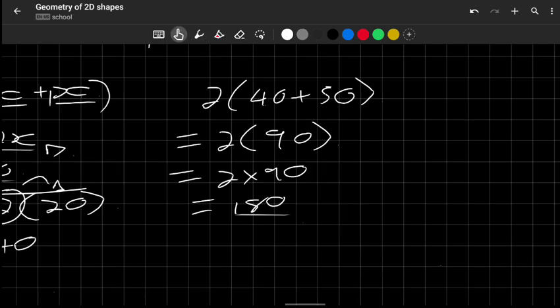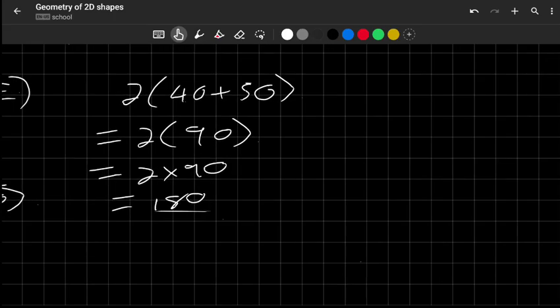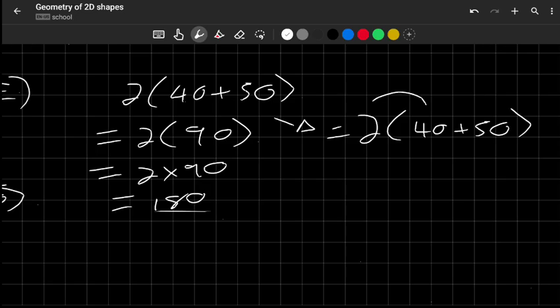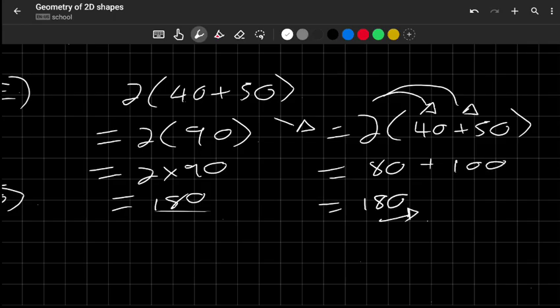Or you can simply say 2 multiplied inside, 40 plus 50, multiply 2 by 40 and multiply 2 by 50, right? 2 multiplied by 40 is 80, plus 2 multiplied by 50 is 100, still get 180, right?